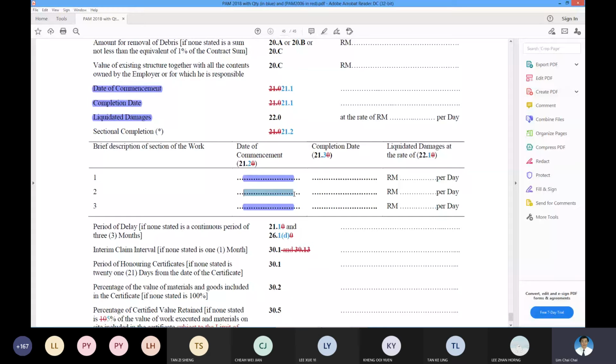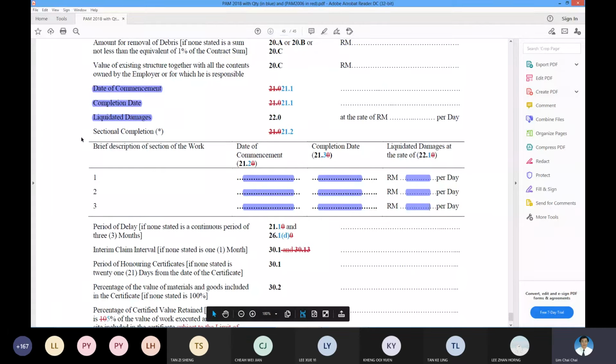If it's a single phase, only the top one you will see. And then you must have the individual LD. So this one is in phases.